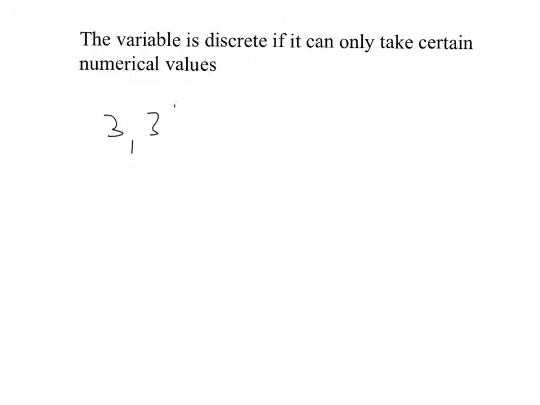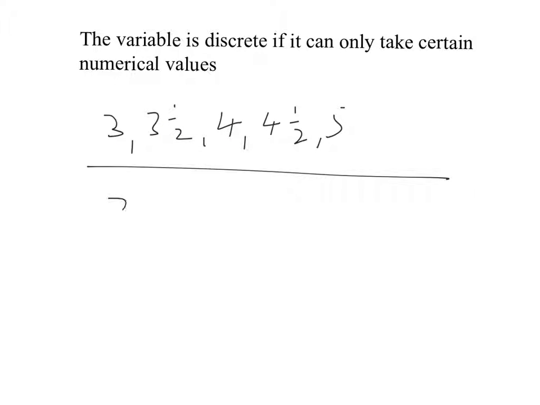Here would be an example of a discrete variable. These are the numbers that a discrete variable may take. So it's not just whole numbers, but the point is that it wouldn't be possible to get any number between 3 and 3.5, or 3.5 and 4. Another example could be 2, 2.0001, 2.0002, and 2.0003.